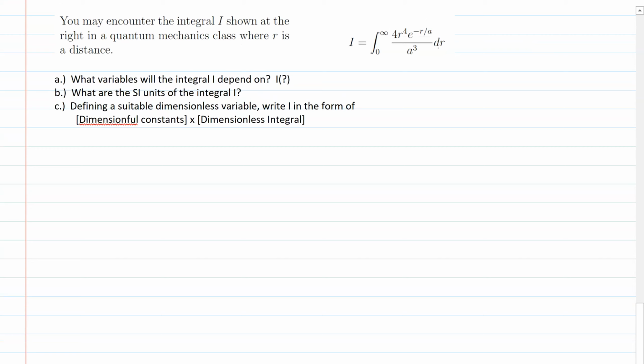So first step is to identify the integration variable, r, right? And this is a definite integral. It goes from 0 to infinity. So that means that at the end of the day, my result cannot depend on r, okay? So for part A, r is the integration variable.